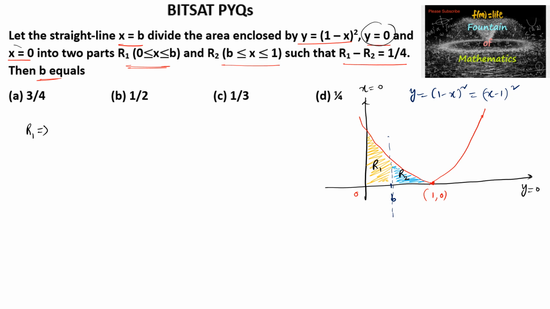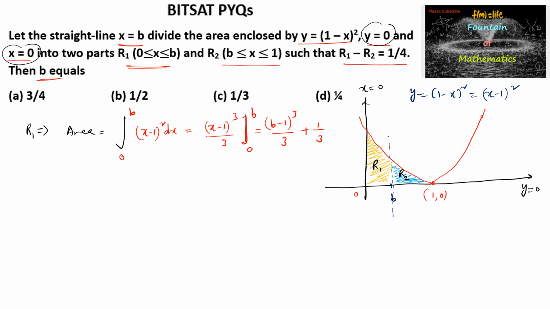So y is equal to 0, x is equal to 0, and the graph, integral, we can say 0 to b of x minus 1 whole square dx, which is equal to x minus 1 whole power 3 upon 3 over the limits 0 to b, that is b minus 1 whole power 3 upon 3 minus 0 minus 1 whole power 3 upon 3, that is negative of negative 1, plus 1 by 3.